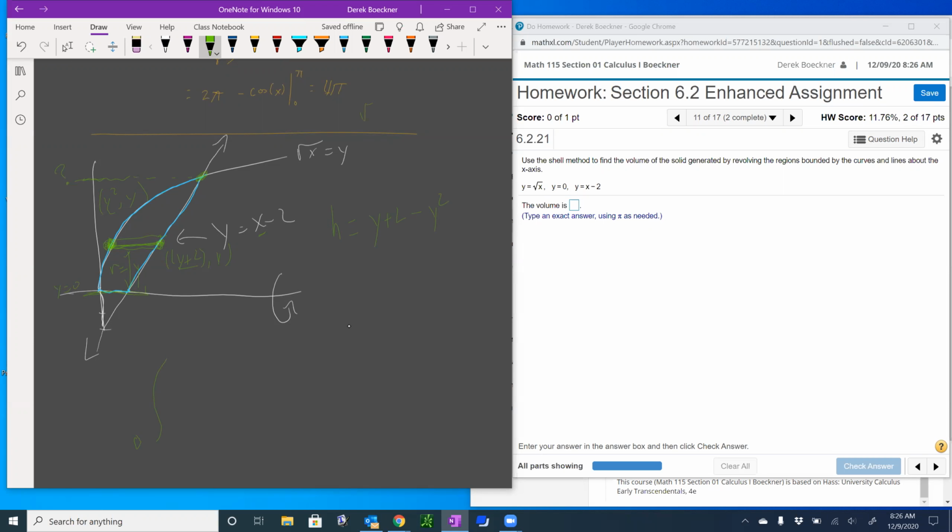So I'm going to get the square root of x equals x minus 2 and solve that. Well, just thinking about it a little bit, if I put 4 in there, the square root of 4 is 2 and 4 minus 2 is 2. So 4 is one solution, and the other is minus 2.